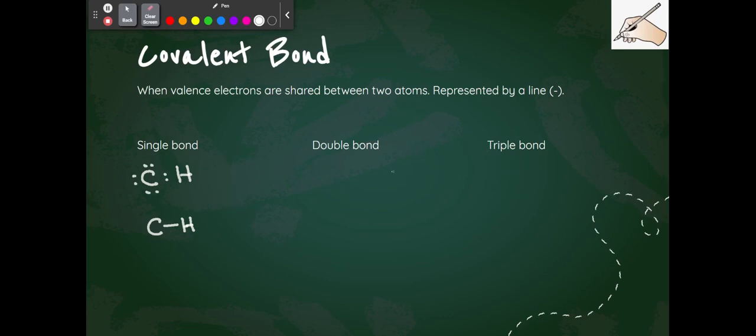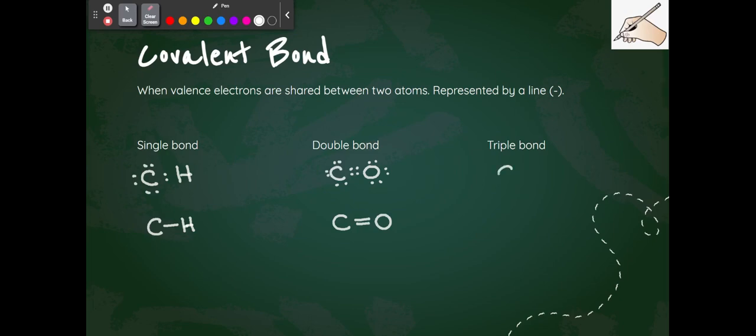Now we could also have double bonds. For example, we could have a carbon sharing 4 electrons with an oxygen. Oxygen is another atom that likes to have 8 valence electrons. So in our Lewis dot structures, we typically represent that with 2 dashes.